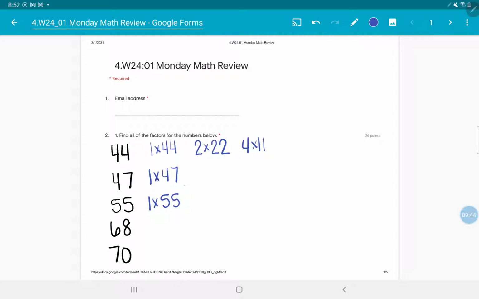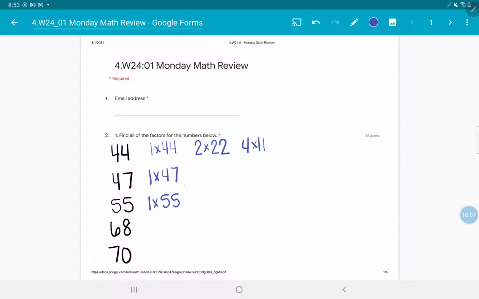3 times 20 is 60. I know 60 is more than 55.